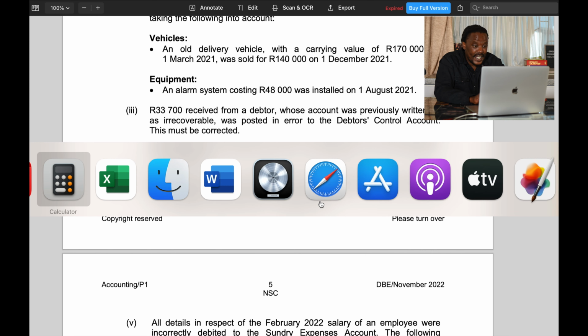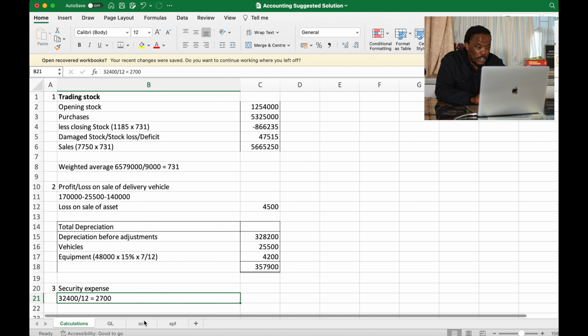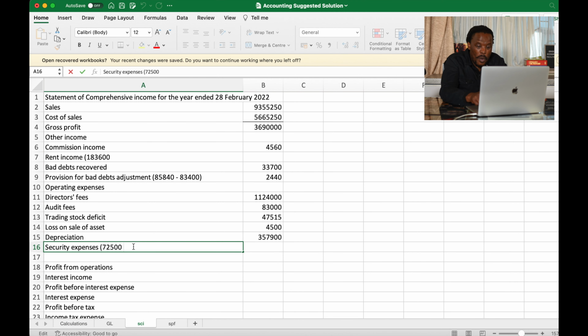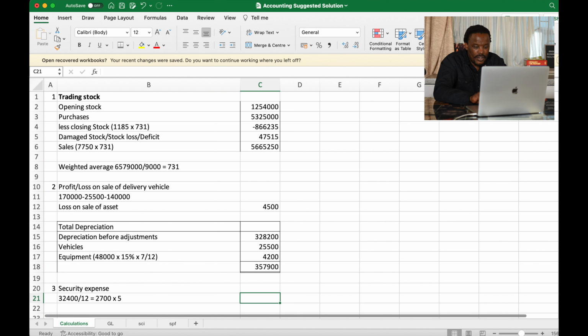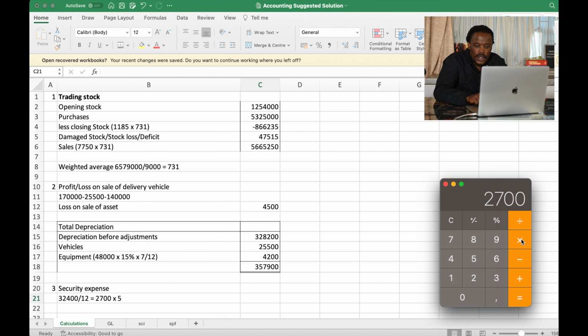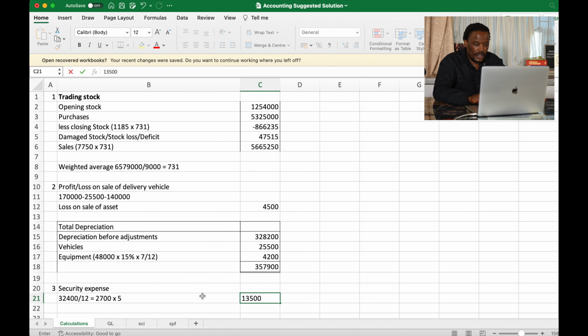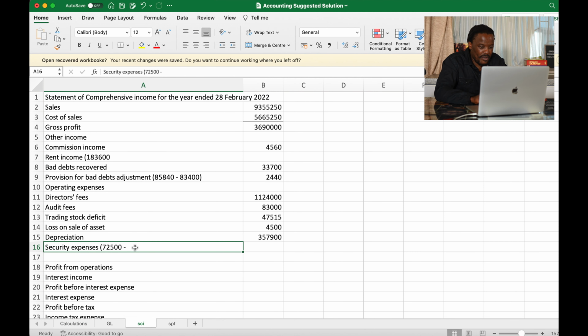So we're not interested in those 5 months, and they must be excluded in our books, which end on the 28th February. Whatever falls outside 28th February, we are not interested in. And because this amount is included in this figure of 72,500, we must minus those 5 months: 2,700 times 5, which is 13,500.